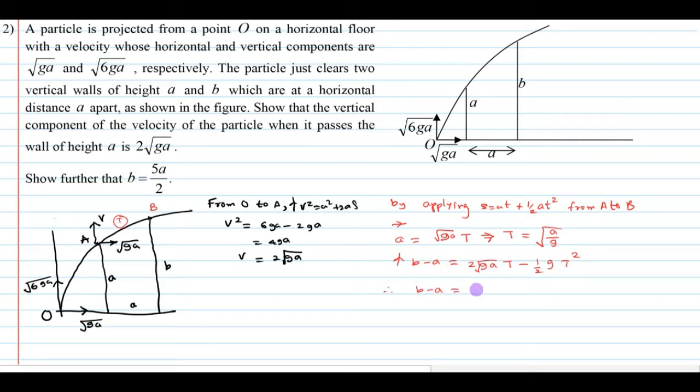Therefore, b minus a is equal to 2 root ga times t minus half g t squared. We can substitute root a over g for t. g will cancel out. 2a minus a over 2, 3 over 2. b is equal to a plus 3a over 2.